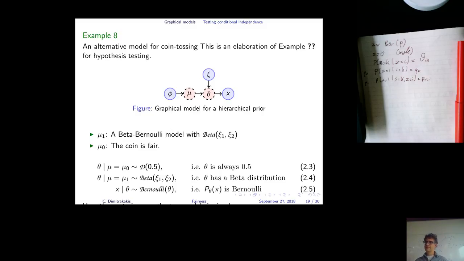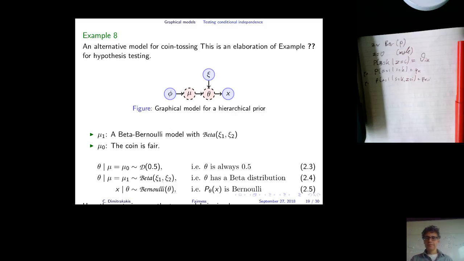So it could be unfair, or it could be perfectly fair. We don't really know. So we will just use the same idea. When your model is equal to mu1, then we should use the same model as before, the same distribution for theta. However, we define an alternative model called mu0, and for this specific model we say that the value of the Bernoulli parameter is always 0.5. It's the perfectly fair coin.